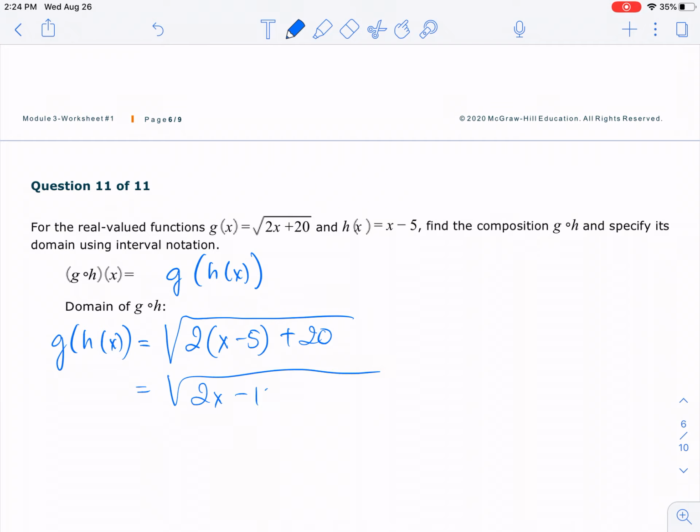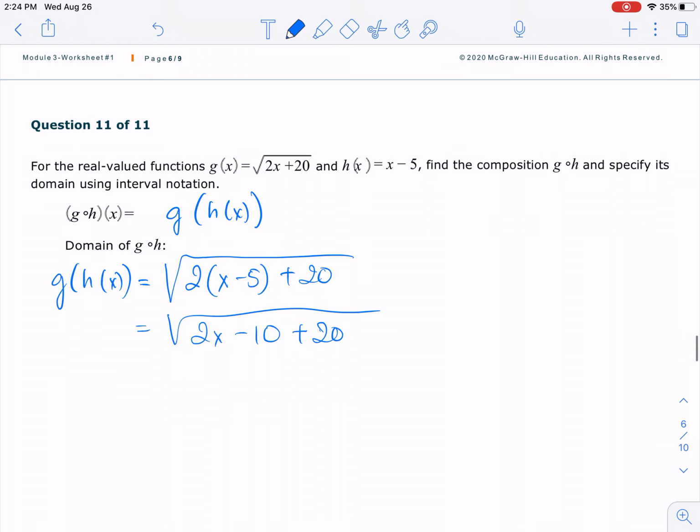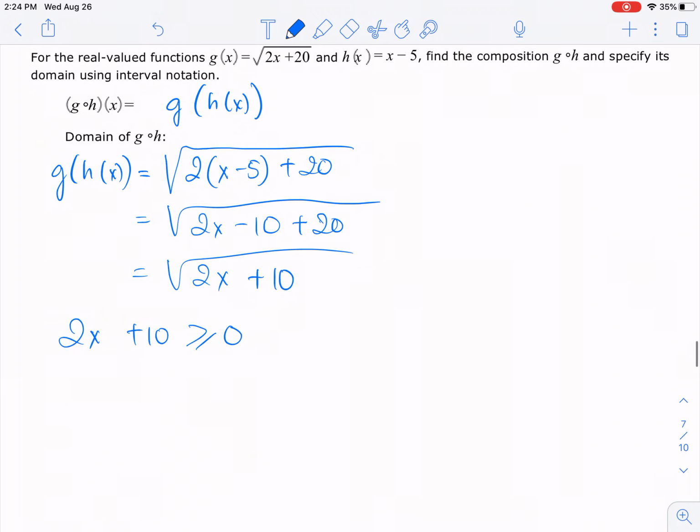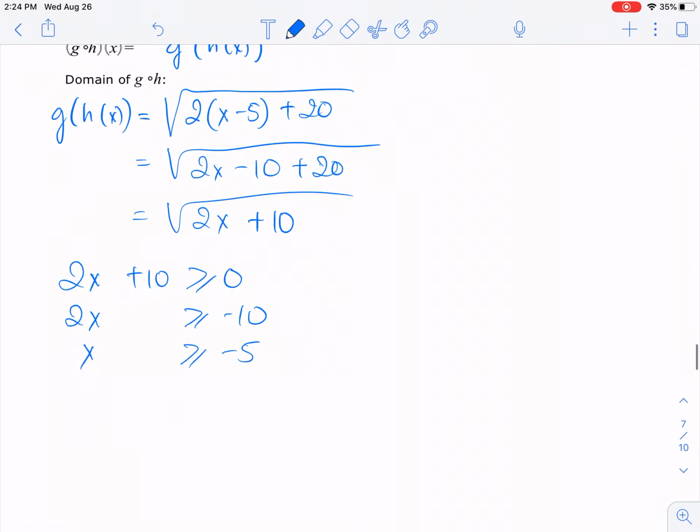So 2x minus 10 plus 20. So it's going to be 2x plus 10. Once again, we have a square root function, so you do not want this one to be negative. So I'm going to set it to be greater than or equal to 0 and solve for it. So we have x greater than or equal to negative 5. So the domain, we start at negative 5 and we go to infinity.